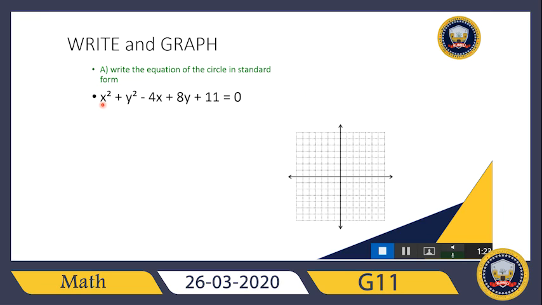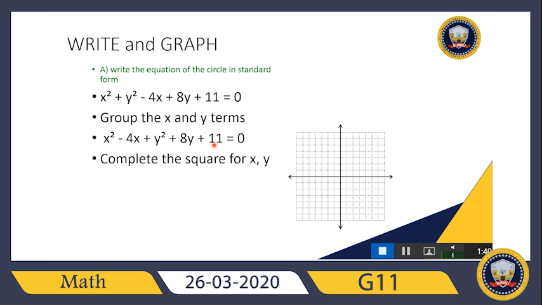What we did in this example, we have this equation. The first step was we grouped the x and y together, so we got x squared minus 4x and y squared plus 8y, and we moved this negative 11 to the other side to do the perfect square.